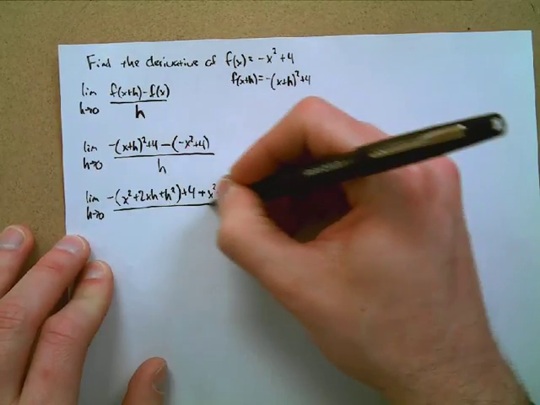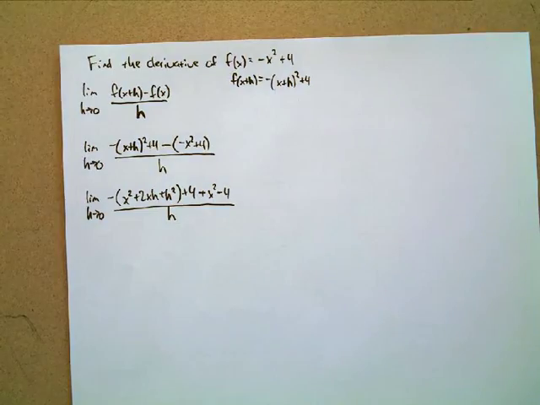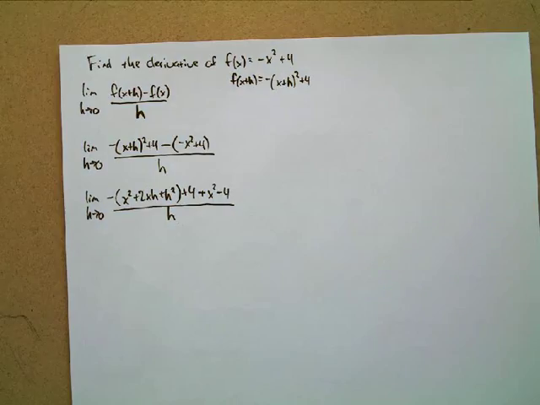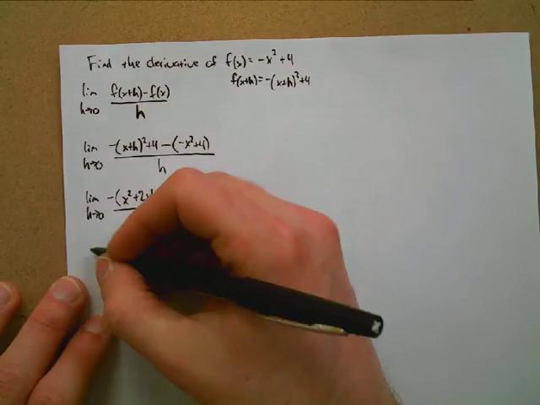We have a minus sign in front of parentheses, so we're going to distribute the negative. Negative x squared minus 2xh minus h squared plus 4 plus x squared minus 4.